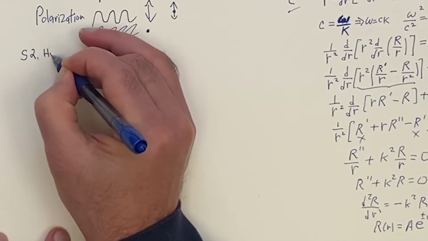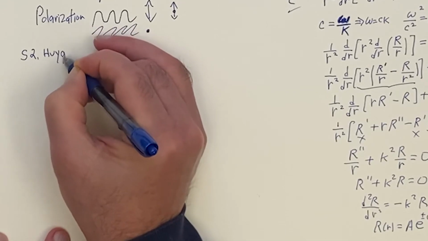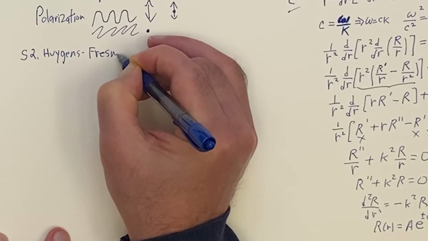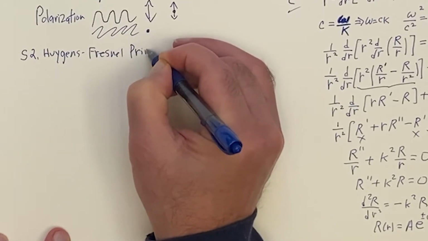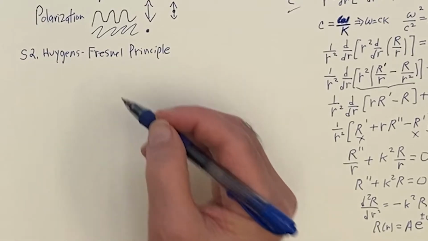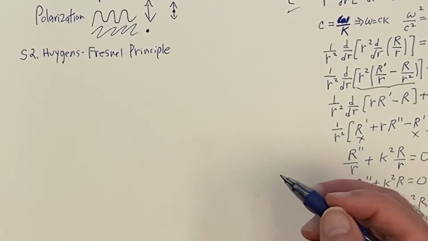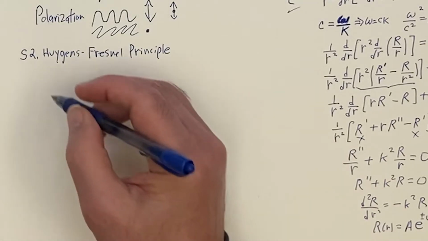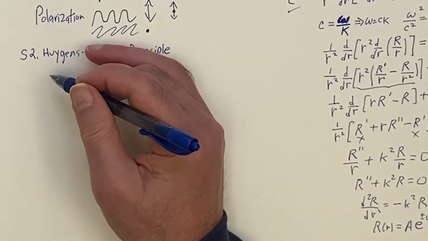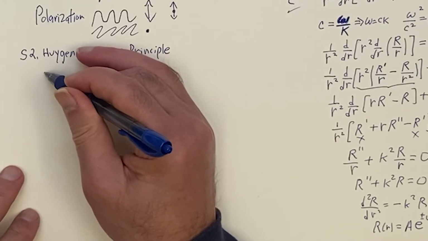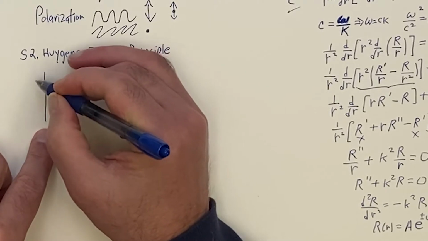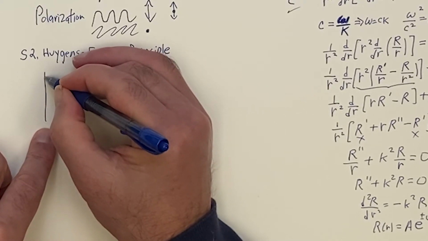S2. This would be the Huygens-Fresnel principle. And the Huygens-Fresnel principle is that you can make the future waves by replacing waves, say, by baby waves.